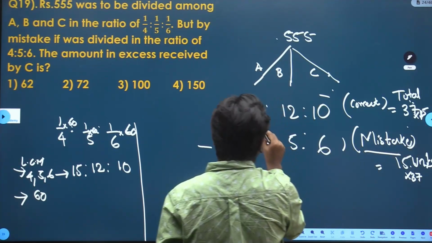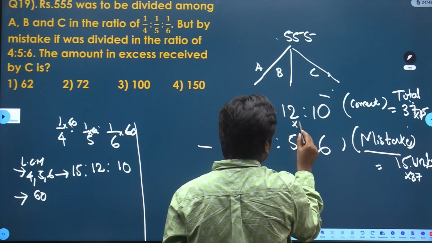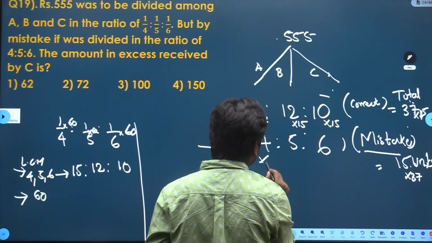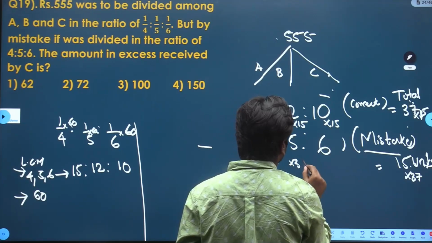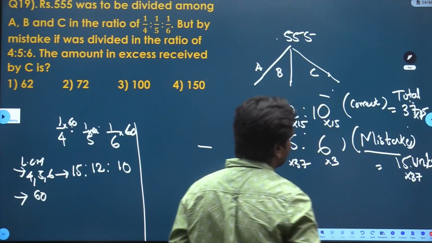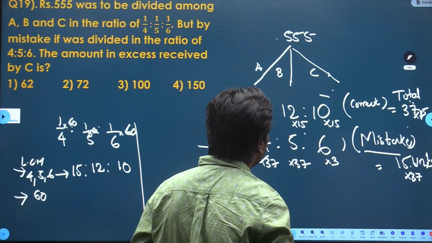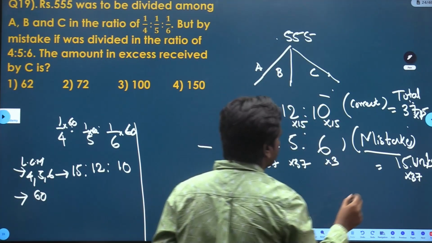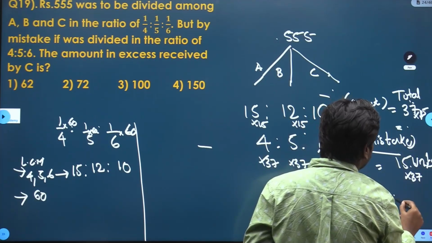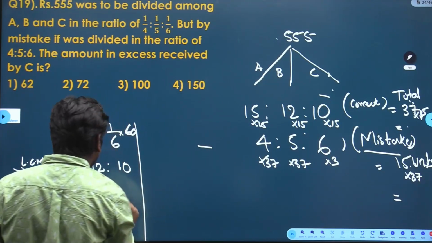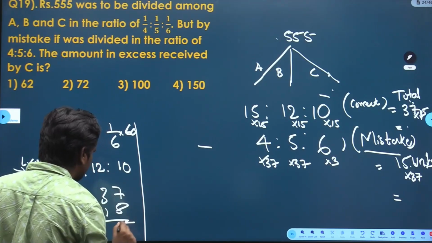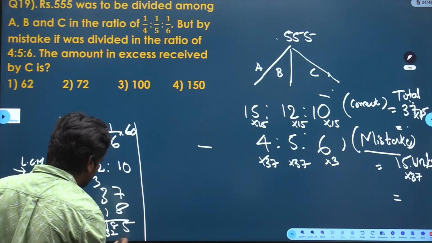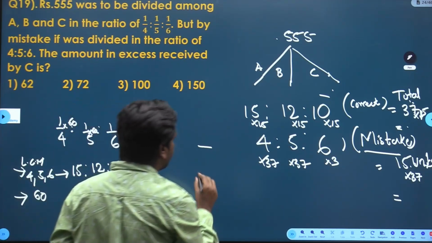So because of this you multiply this by 15, this by 15, this by 15. Here you multiply everything by 37. So what we have found out: what is the total units here? 37 into 15, 555 units.